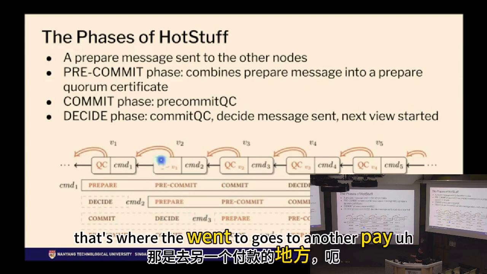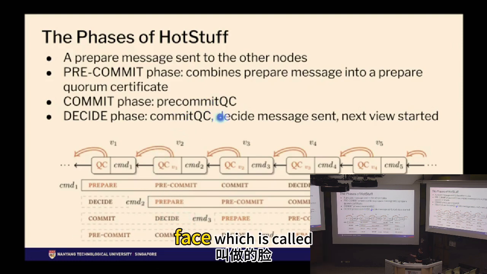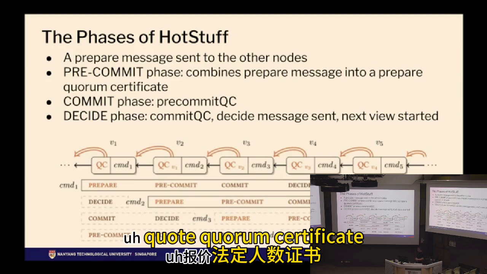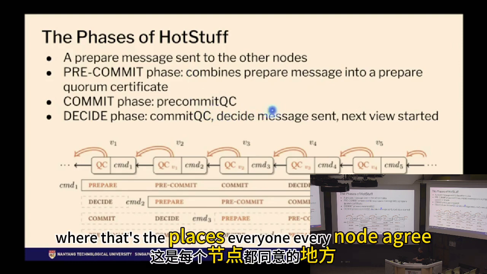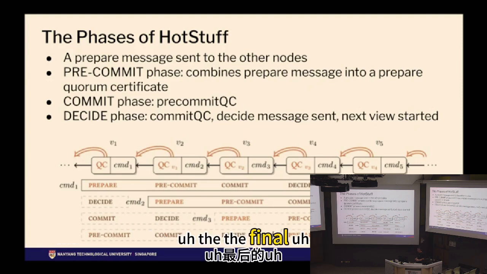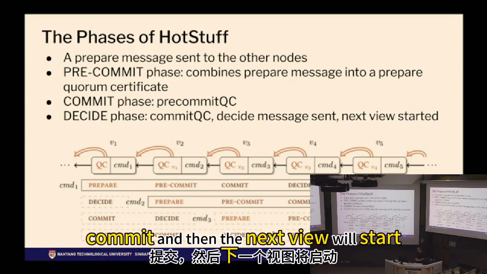That's where it goes to another phase, called pre-commit QC. QC again is just the quorum certificate. The last phase will be a commit QC, which is the place where every node agrees on the final commit, and then the next view will start.